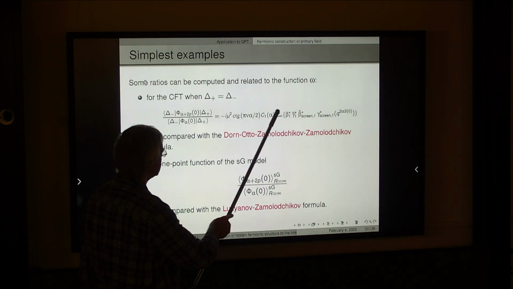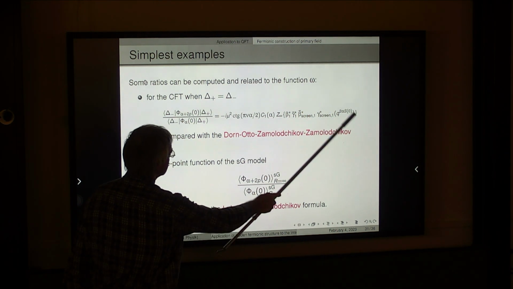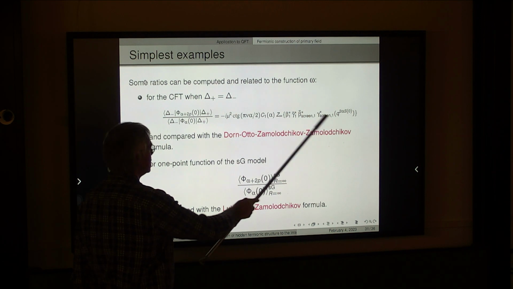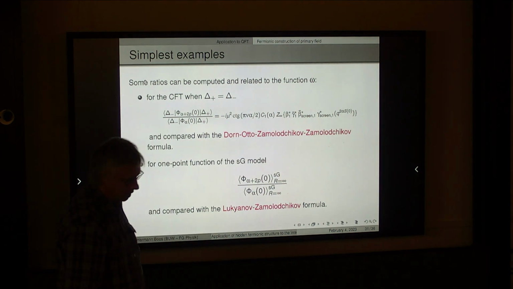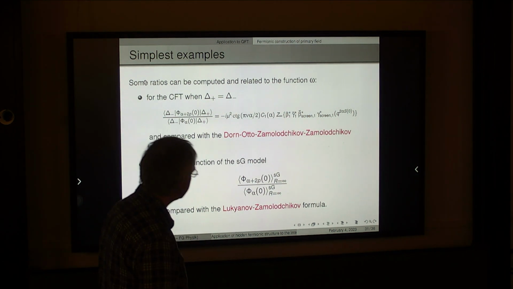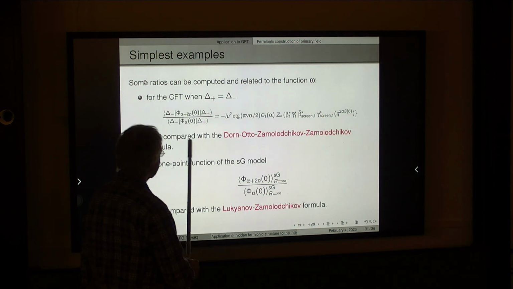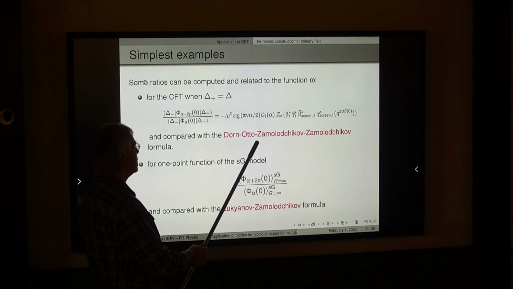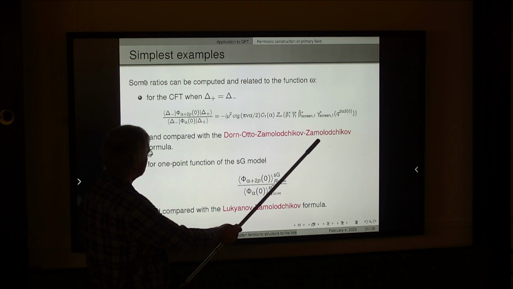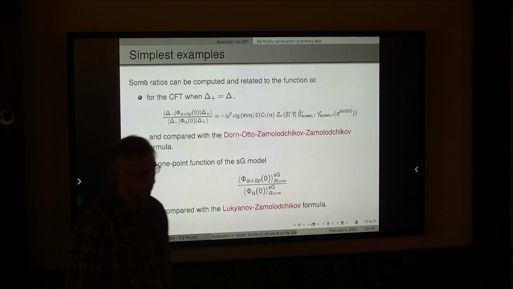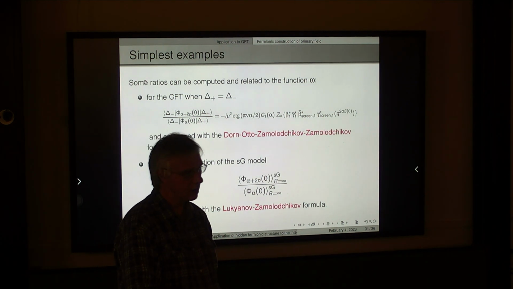Using this machinery, we would get this, and it can be explicitly calculated, and on the other hand, it can be compared with the famous Dorn-Otto-Zamolodchikov formula. And the result appears to be the same.